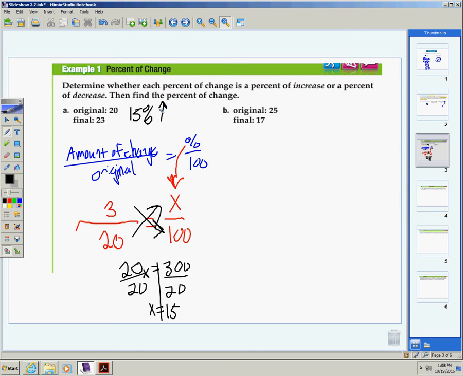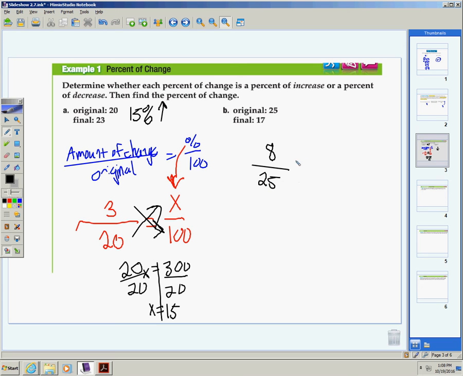Now in our second one, our original was 25, the final was 17. Here our change, we're going down 8. It's fine to write it as a positive number. We changed 8 over my original of 25, and that's going to equal x over 100.